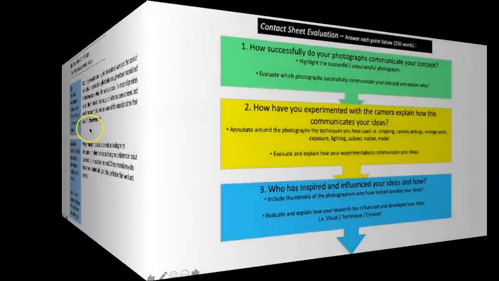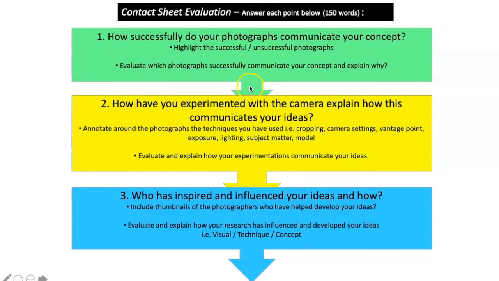So this flowchart shows what you will be covering in your contact sheet. So it's about, how successfully did your photos communicate your concept, your ideas? How have you used the camera to experiment with your ideas and to represent your ideas through different camera techniques or lighting techniques if you've used studio? And again, who's inspired you?